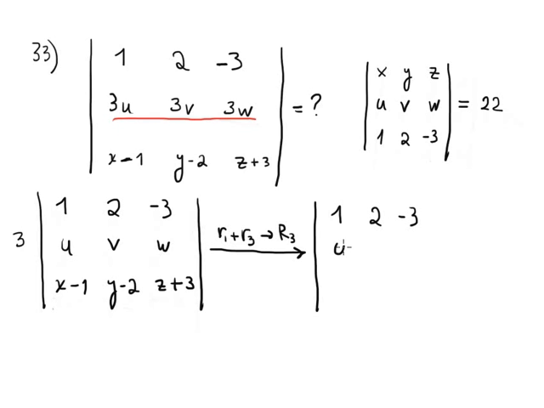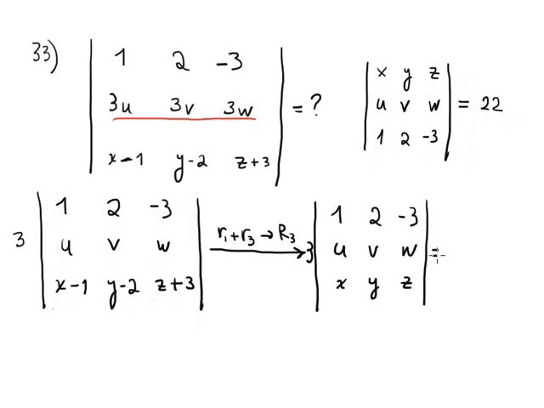So now u, v, w stays the same, row 2. However, you change the row number 3: when you add 1 plus x, minus 1 cancels out, plus 1 and negative 1 is just x, and y and z cancel out. Okay. Now after that, don't forget 3 outside. 3 is a common factor.